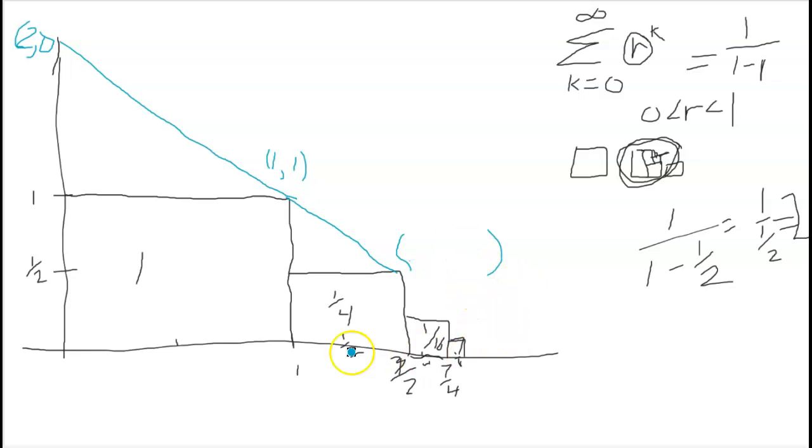Sorry, I see my mistake now. That's 3/2 here, and the height is 1/2. And then as we continue, right, we added 1/4 more to 3/2. This point is the one that's 7/4 at height 1/4.